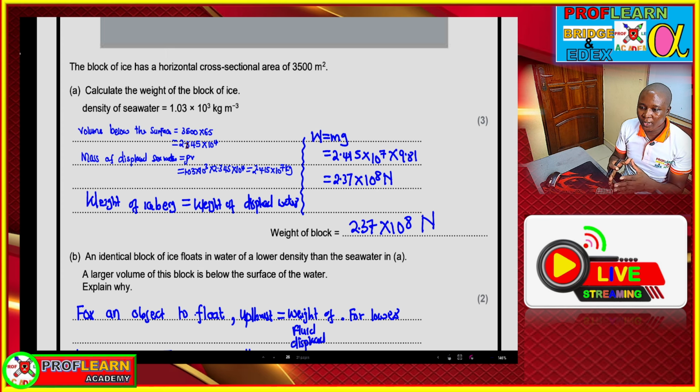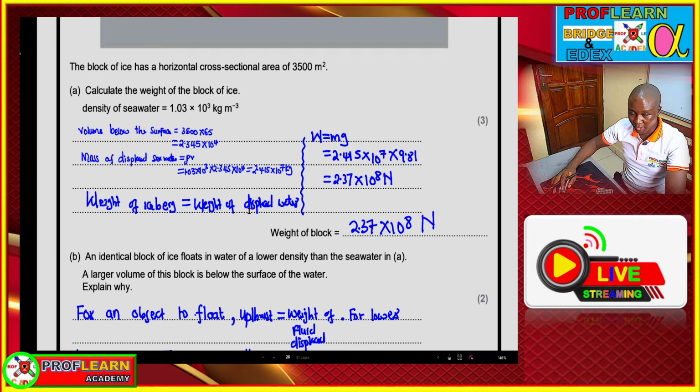So if we want to find the mass of the seawater here, that is going to be the density of seawater times the volume that we have gotten in the previous section, which is going to be 3.415 times 10 raised to the power 7. Now, weight of the iceberg is equal to the weight of the liquid it displaces. So this is going to be equivalent to 2.37 times 10 raised to the power 8.